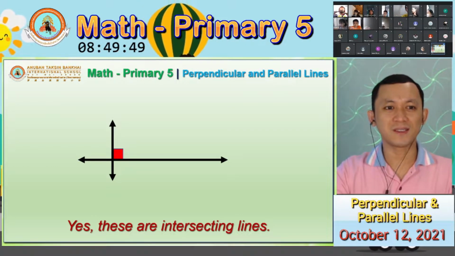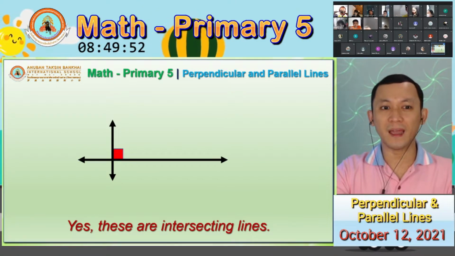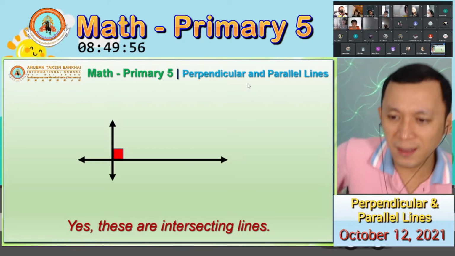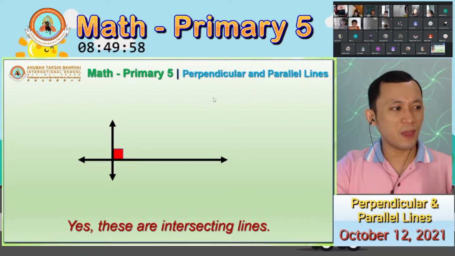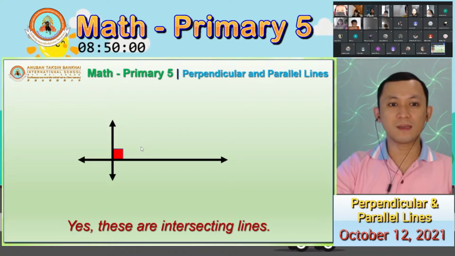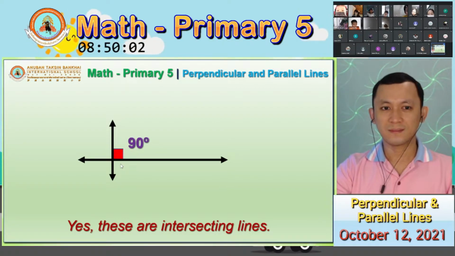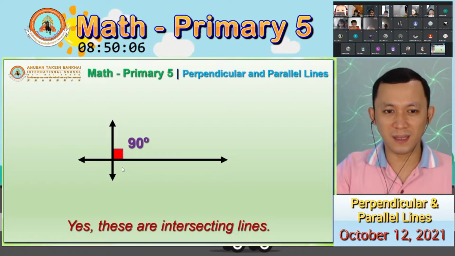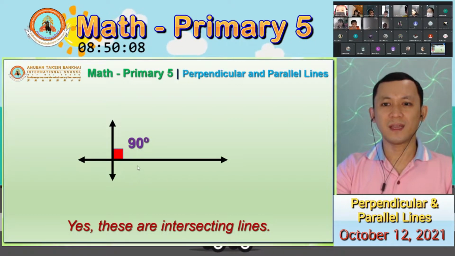Okay, very good. So this is now a right angle. Take note that we have here the square symbol, which means 90 degrees, of course. Teacher, can it be 91? No.